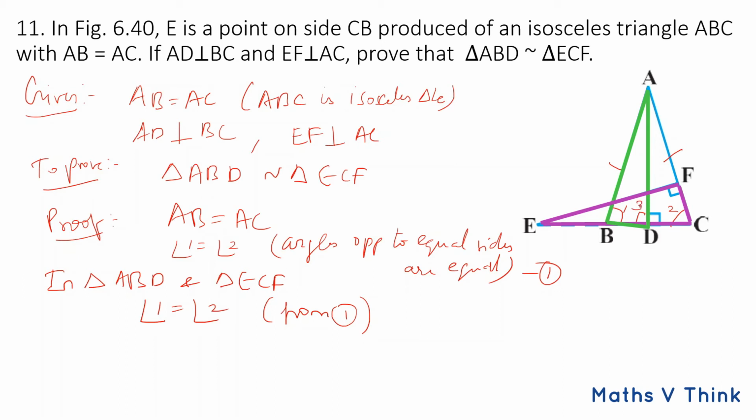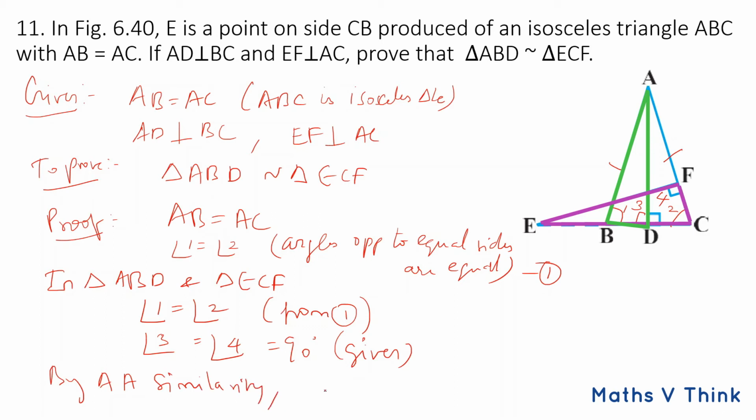So I'll call this 3, this 4. So angle 3 is equal to angle 4 is equal to 90 degrees, that is given. So now I can tell by angle similarity, triangle ABD is similar to triangle ECF. We proved, so hence proved.